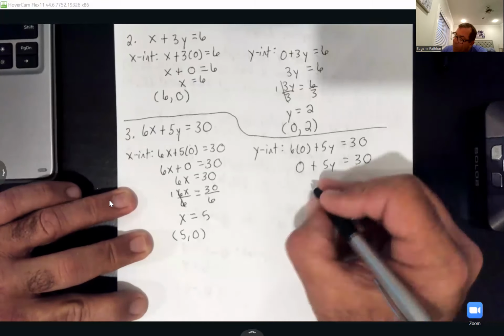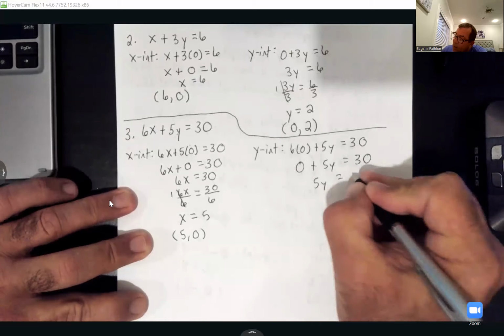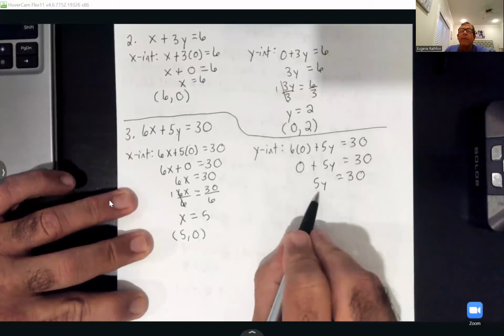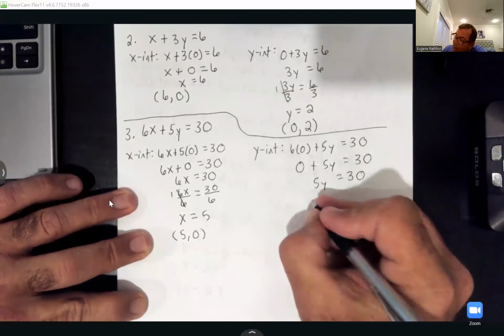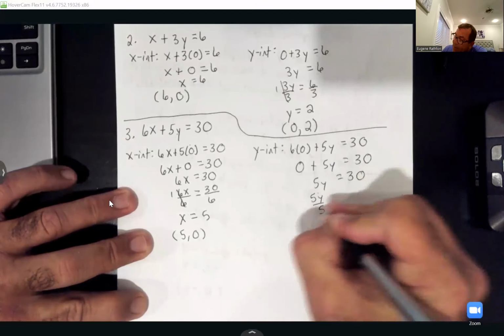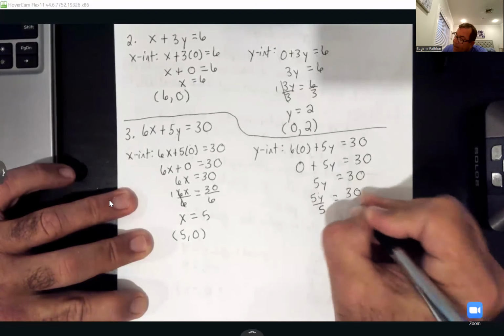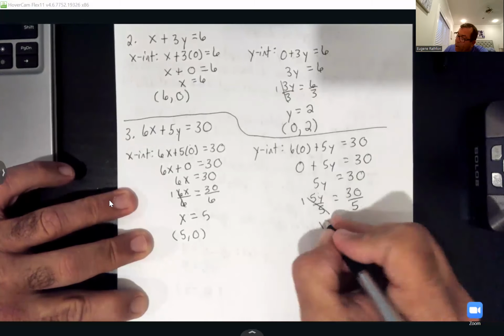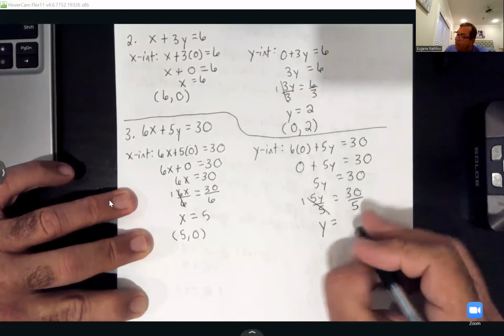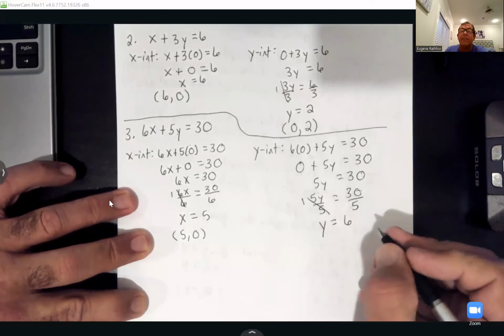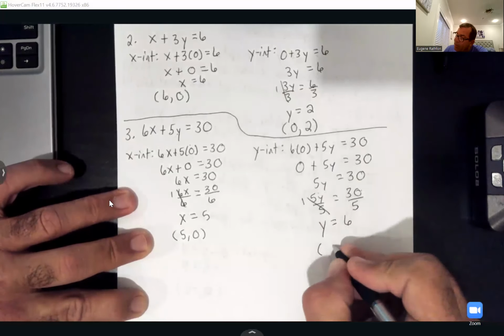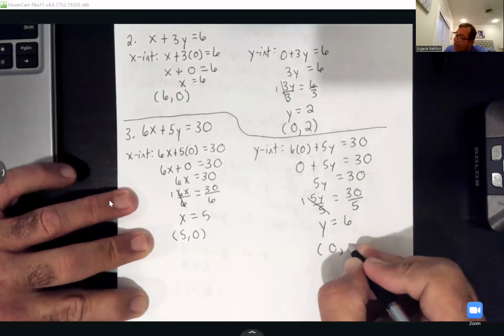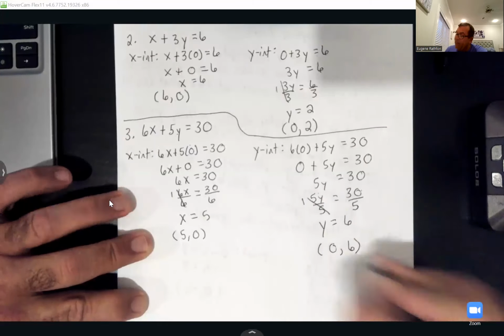But y'all, 0 plus 5y gives me 5y equals 30. Turn 5y into a 1y by dividing by 5. So do the right side, divide that by 5. 5 divided by 5 gives me 1y. 30 divided by 5 gives us 6. So the y-intercept, 0 for the x, 6 for the y.